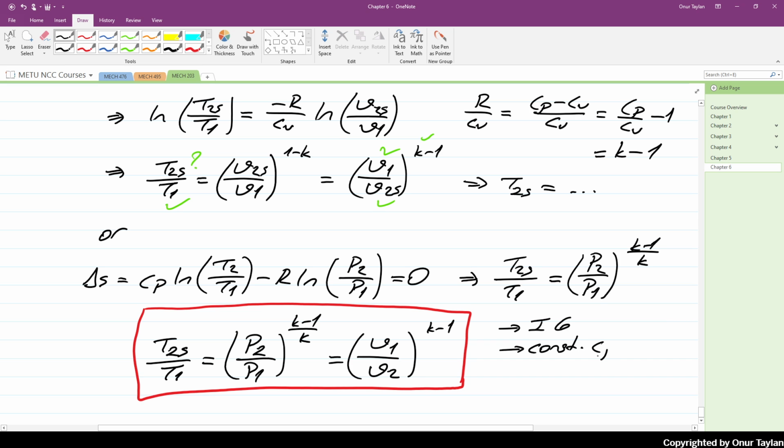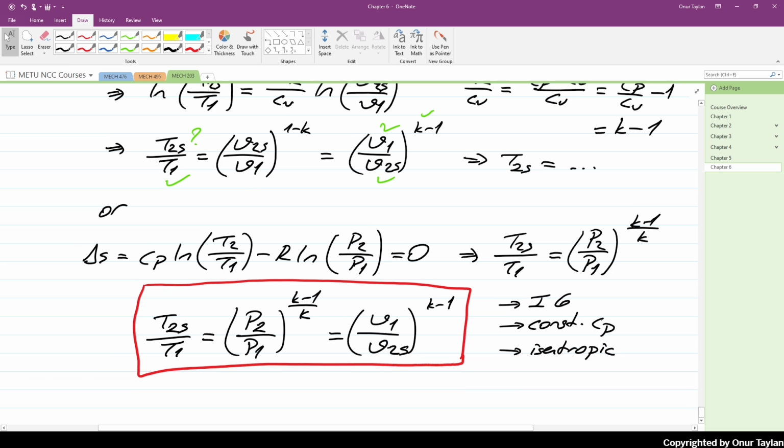And third, you have to have an isentropic process. All these 3 must be met in order to use these relations.